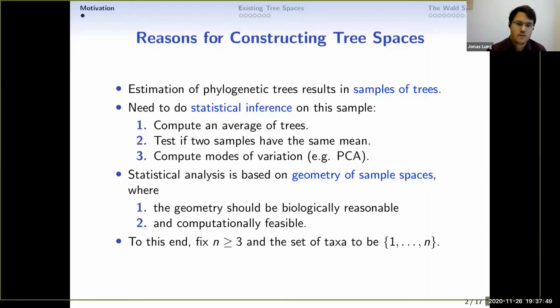And of course, statistical analysis is based on the geometry of the sample spaces, where the geometry should be biologically reasonable. And it would be nice if it's computationally feasible so that we can actually use it. To this end, we consider our set of taxa to be fixed, the symbols 1 to n, and n is greater or equal than 3.